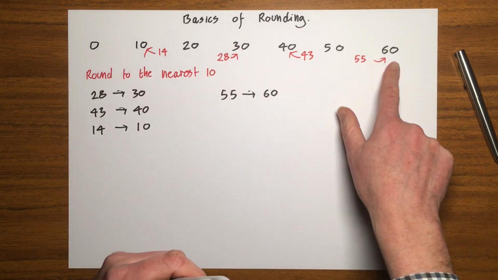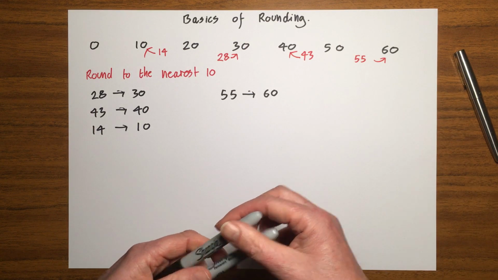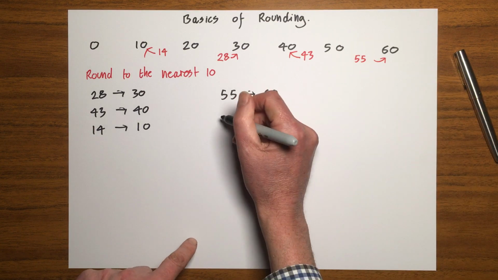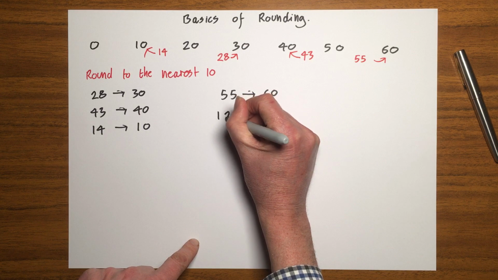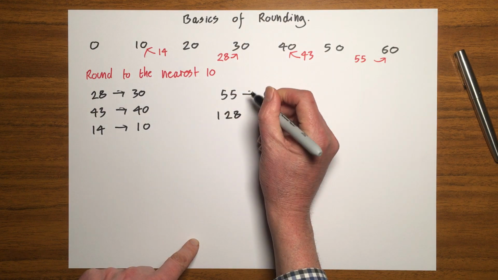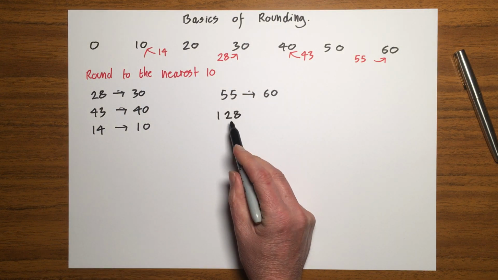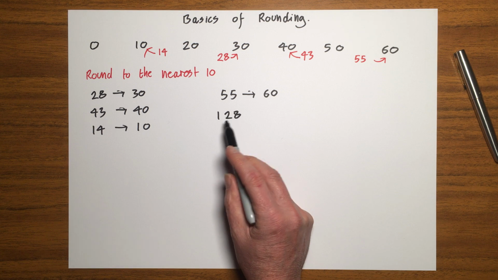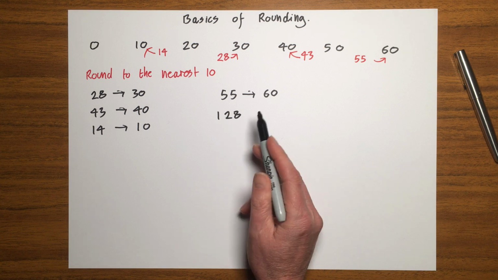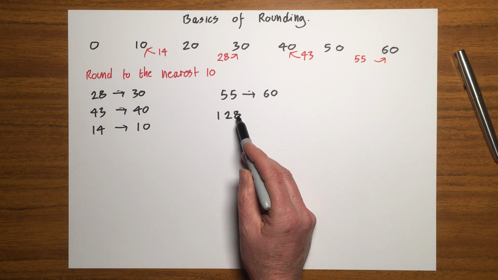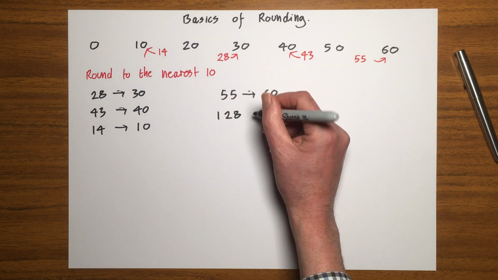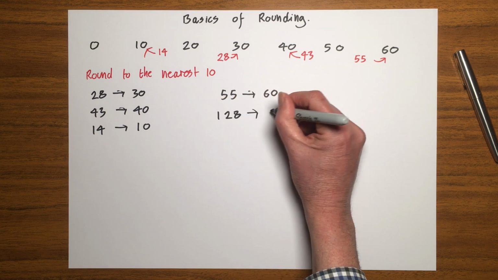Now we've had a look at these numbers along here, I'm just going to do some more examples. So let's write one here. So if I've got 128, so I'm rounding to the nearest 10. So it's either going to go to 120 or 130. And I look at the 8 and I can see that's closer to 130.